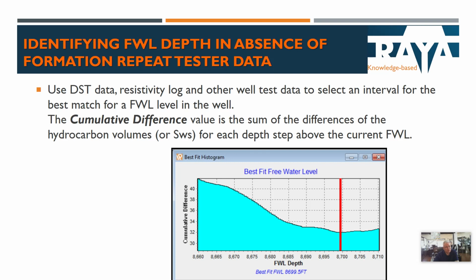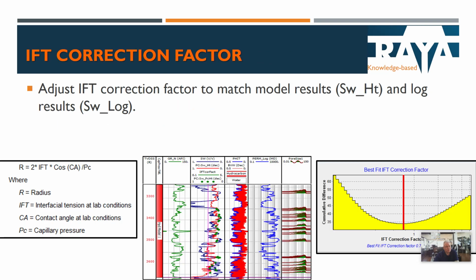That's why, as I explained, for a good model we need to have free water level from MDT, and we have to put it in the plan. Otherwise, the free water level the program calculates will have uncertainty.